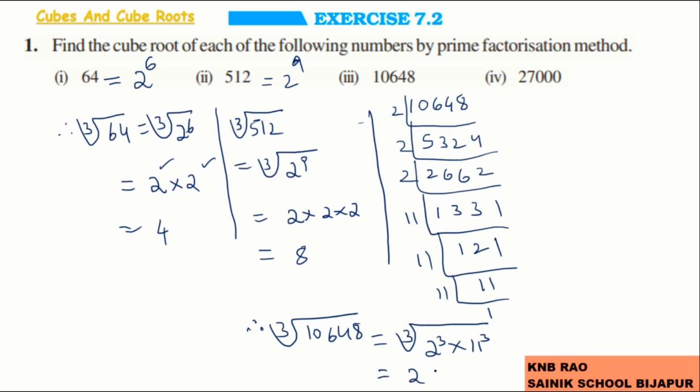The prime factors come out as 2 into 11.